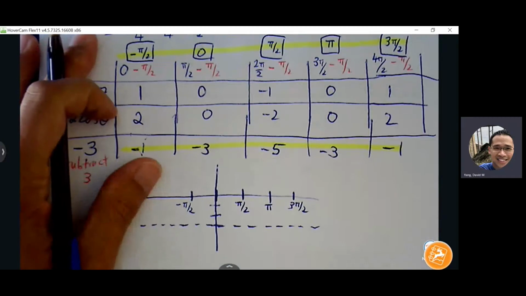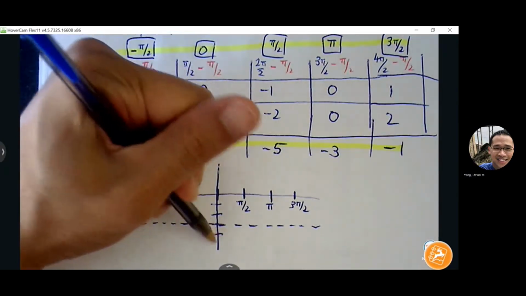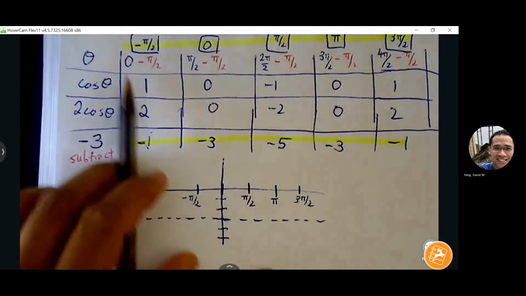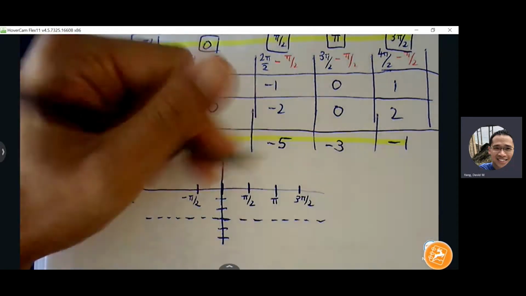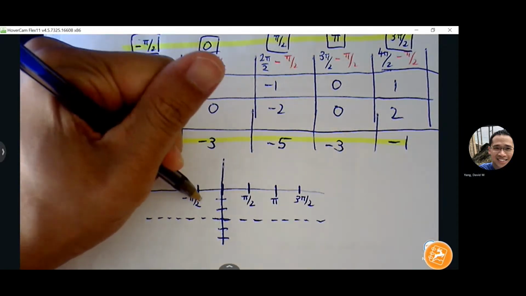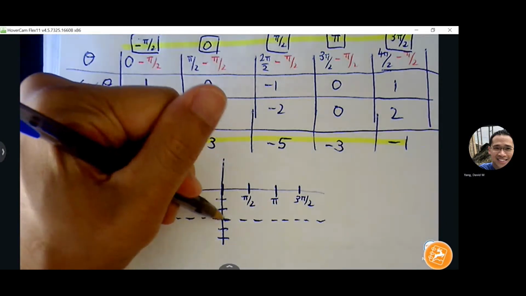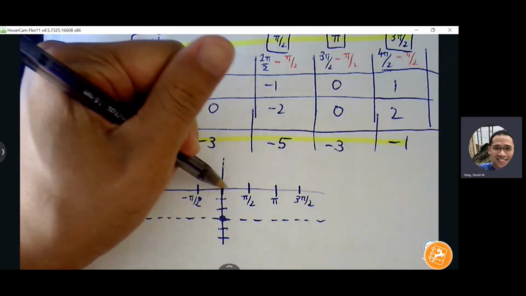Go ahead. Okay, so my first ordered pair, negative pi over 2, comma negative 1. 0, negative 3. Pi over 2, negative 5.